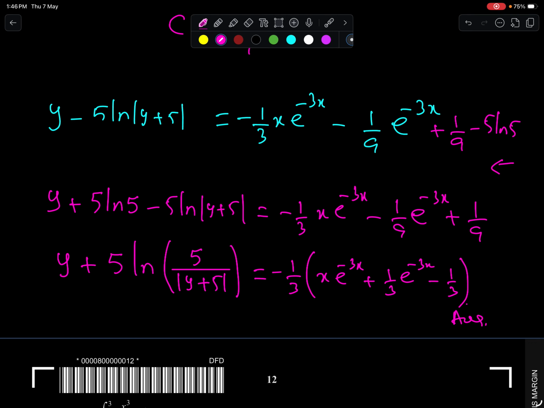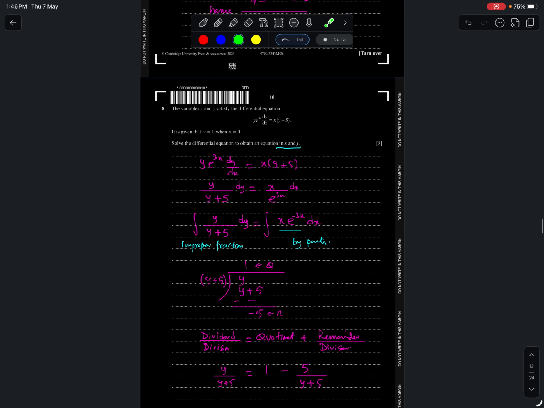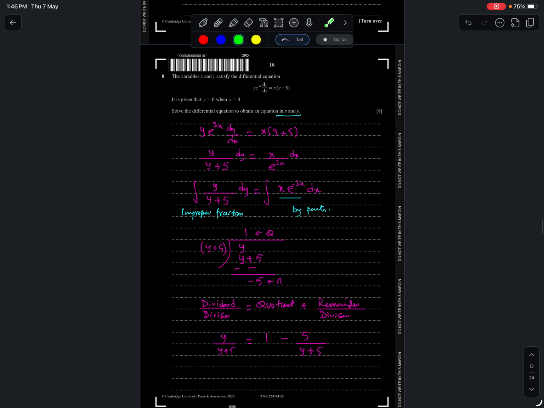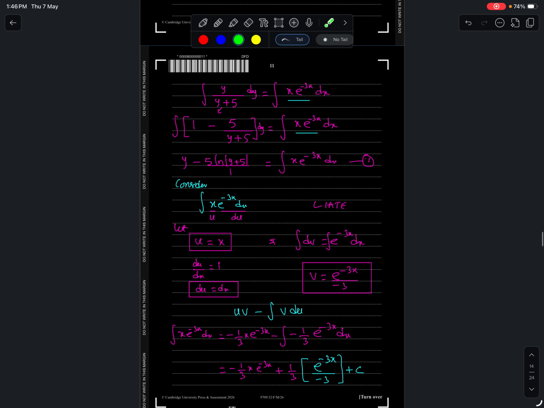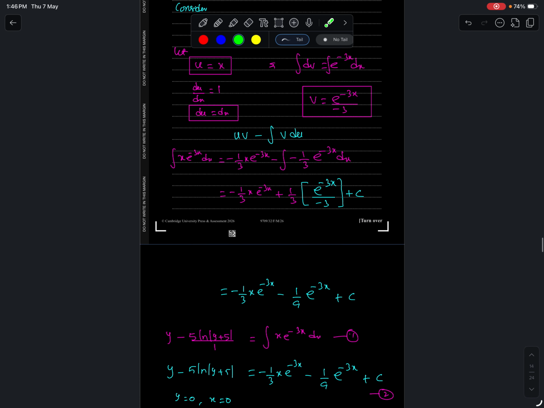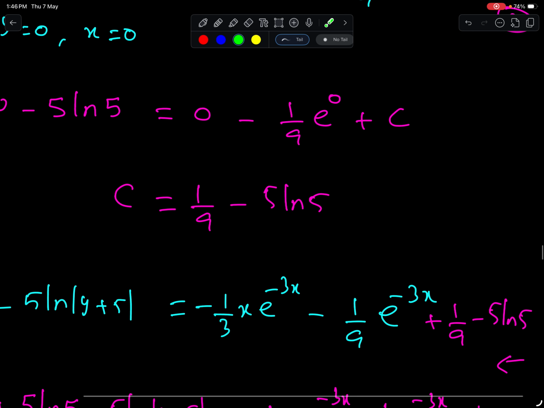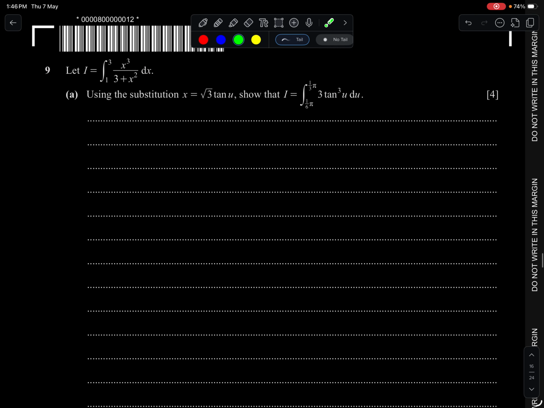This is the equation of x and y. Please check this solution from here. Be extra conscious to avoid careless mistakes.